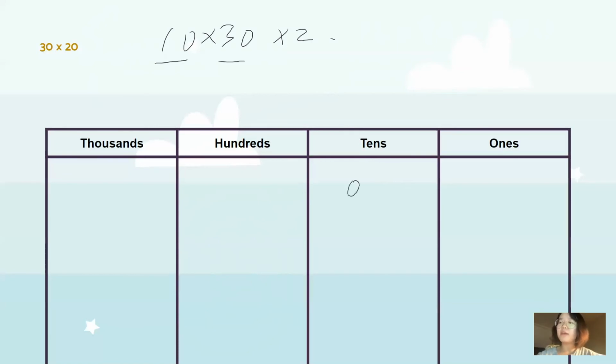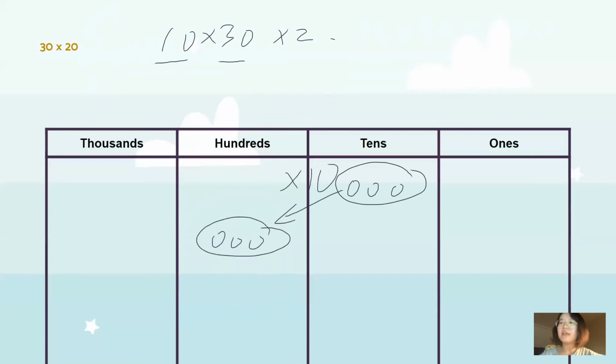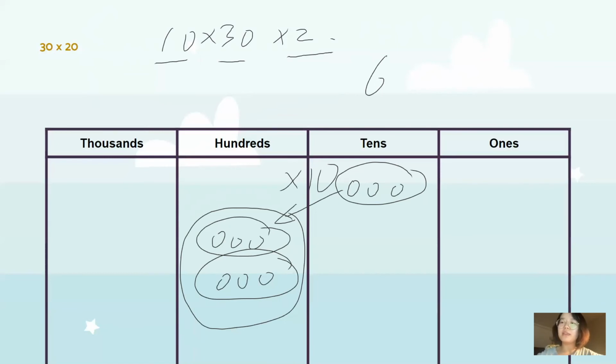So we have 30, 3 tens, and times 10. Move to another disk, and we have 2 groups. So how many do we have right here? 6. And what unit are we? We're hundreds. So did we get the same answer? Yes, we got 600 again.